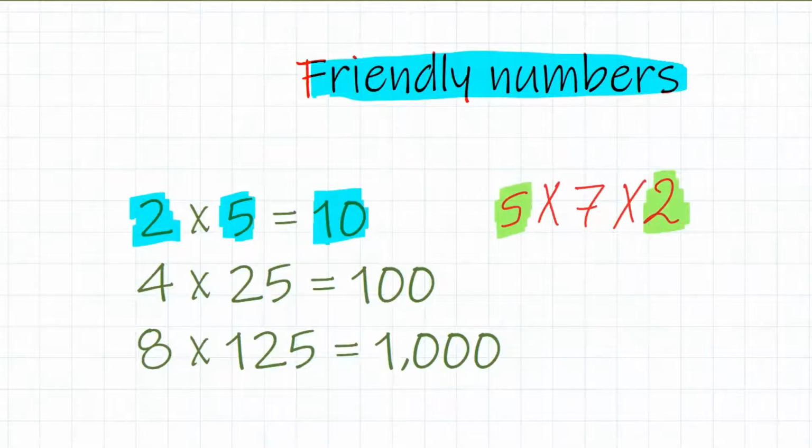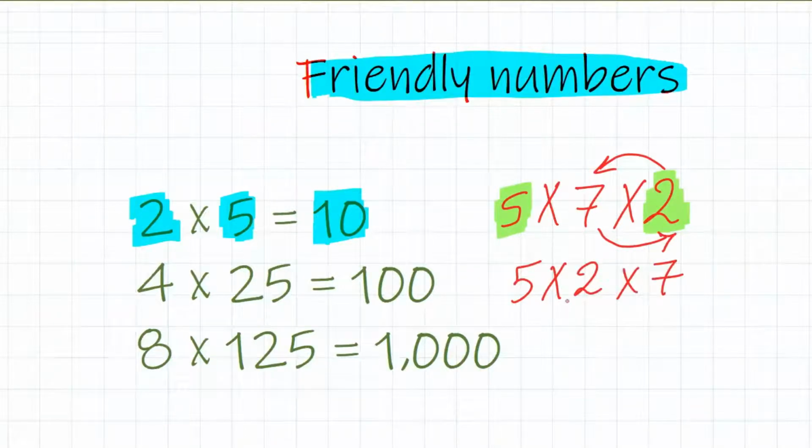Make them beside each other. So move 2 this way and move 7 this way. So it will be 5 multiplied by 2 multiplied by 7. We have 5 and 2 next to each other because they are friends, so it will be easier.